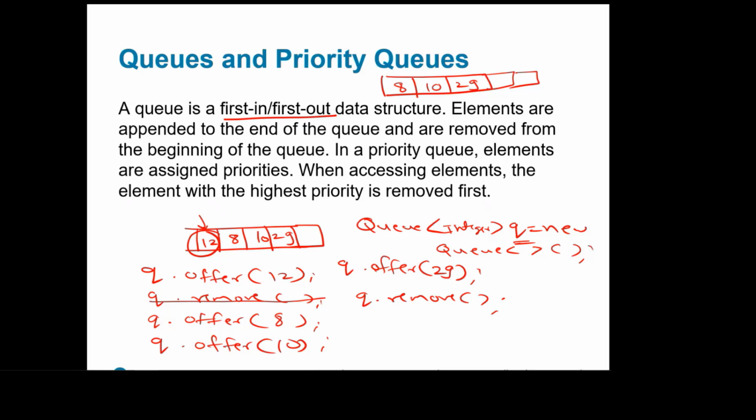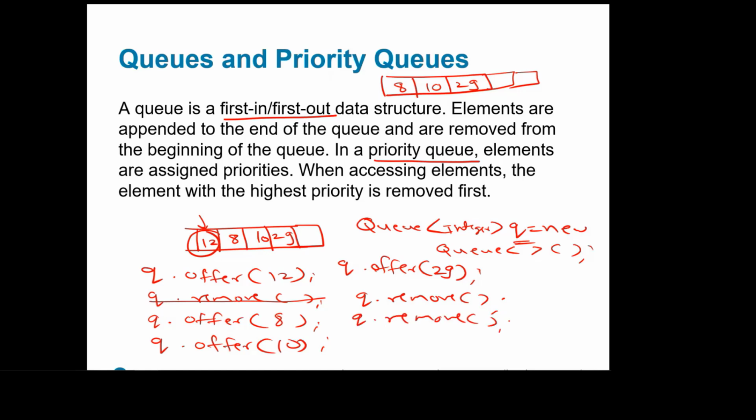Then in that case, we want to use something called a priority queue. So in this case, it will be decided based on the priority of elements. So not just the first in, first out order, but on top of that, there will be something called the priority for every number.